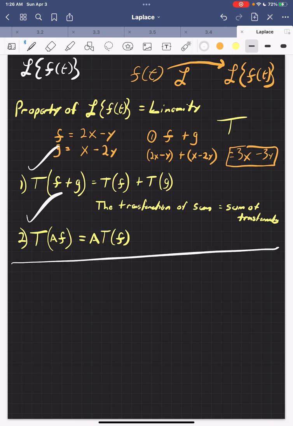It just so happens, though, that Laplace transformations are linear transformations. So Laplace transformations do indeed have the property of linearity.